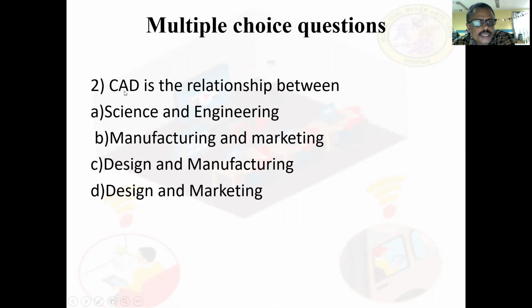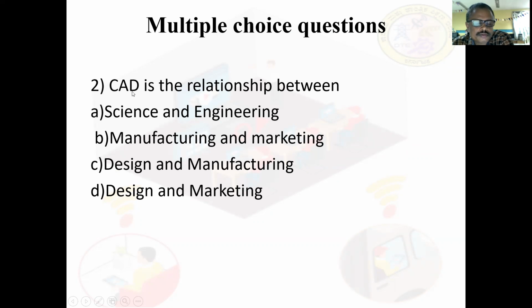No. Computer aided design helps you to draw and design, so design should be there in your answer. Manufacturing and marketing, no, there is no design here. Design and manufacturing, design and marketing.